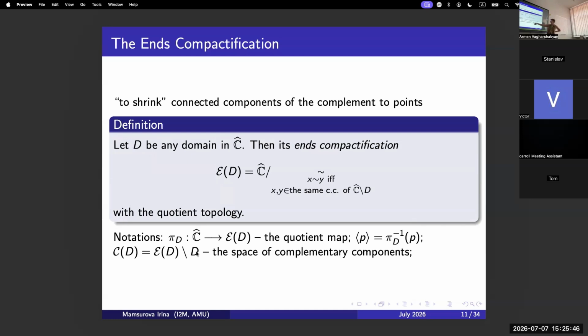And this is my notation for the pre-image of a point under this factorization. If it was not in a complementary component, it is just a point. If it was in a complementary component, the preimage is the whole component.